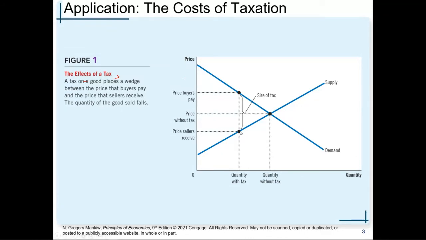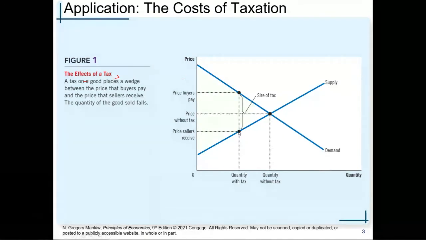So as long as they can sell it and not lose money, they're willing to sell. And that is what was represented with the supply curve.